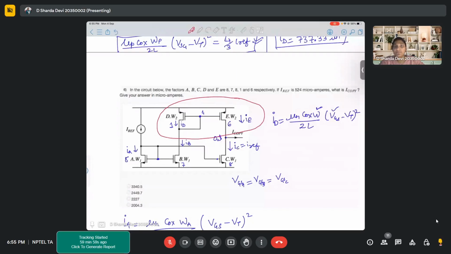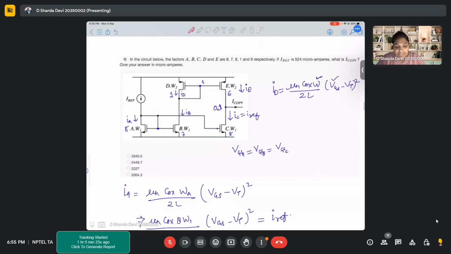Which question? This particular question, where did you not follow? After finding IA. Okay, so it's the very beginning. So let me reiterate it again.